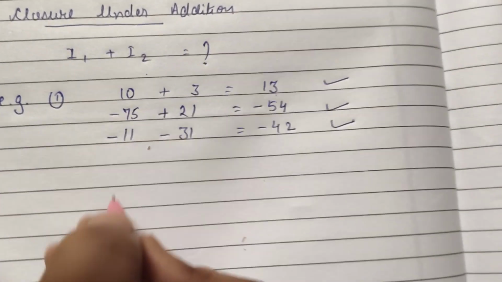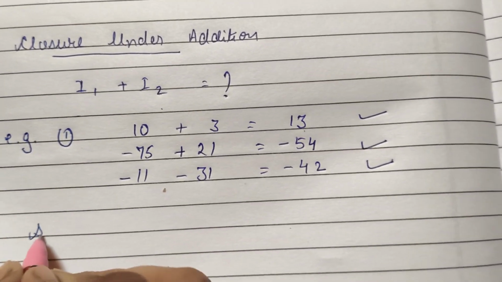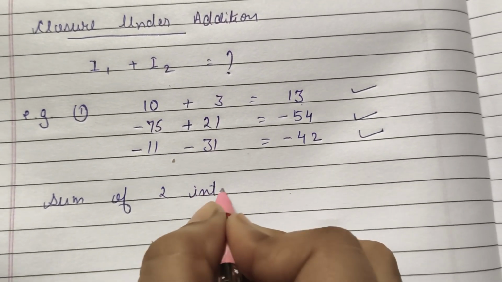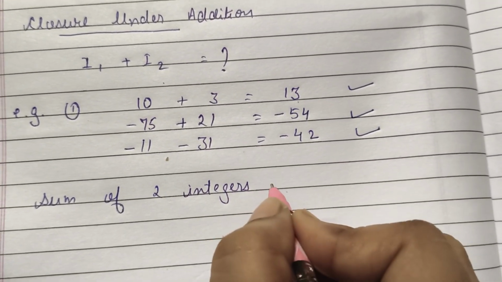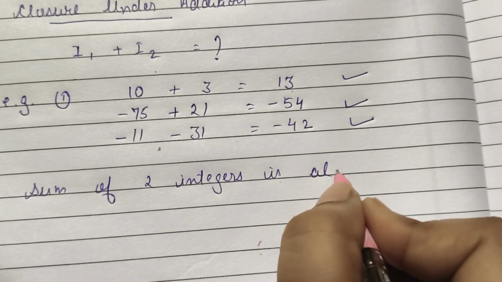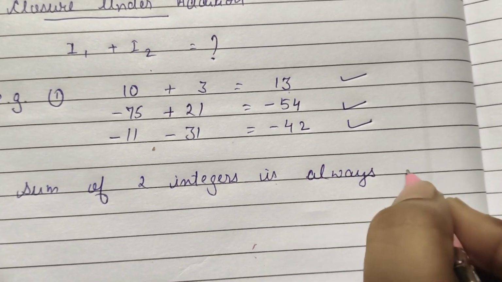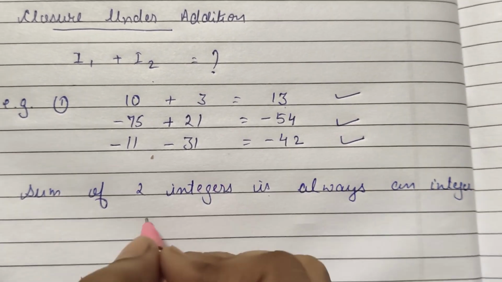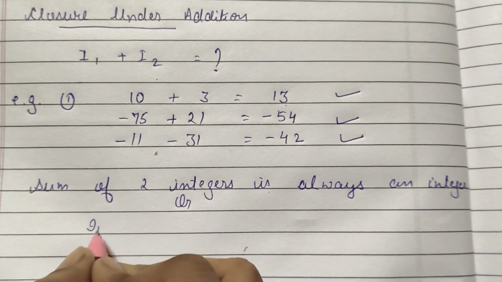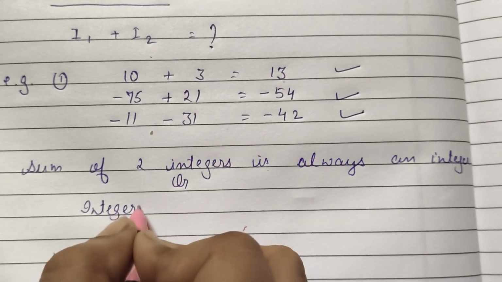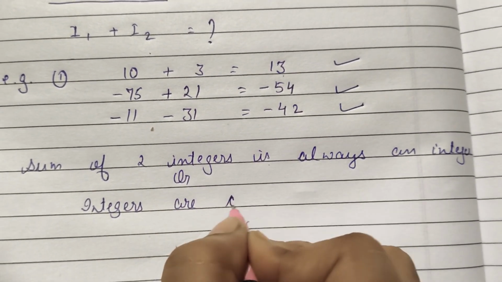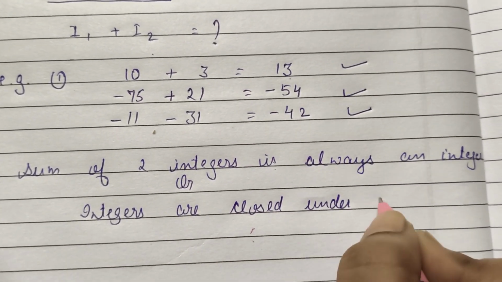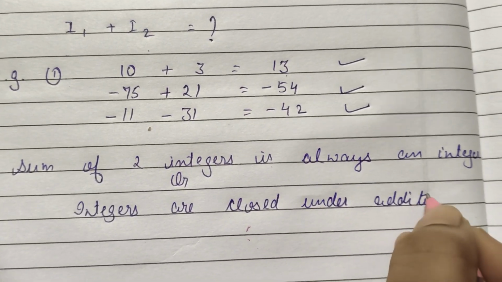So what we can say is that the sum of two integers is always an integer, or we can say that integers are closed under addition.